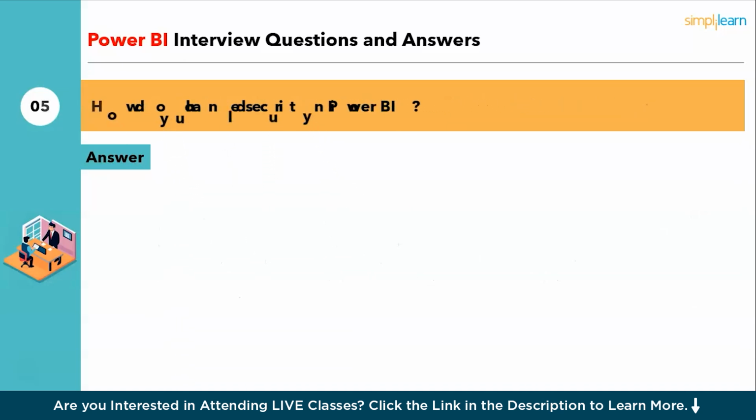Now let's go with the next question. How do you handle security in Power BI? This is a question given to experienced candidates. You can think about it as row-wise access. Let's say you are the leadership team, next is the manager, next is the individual contributor, correct?